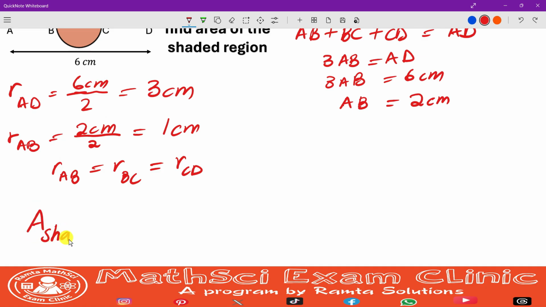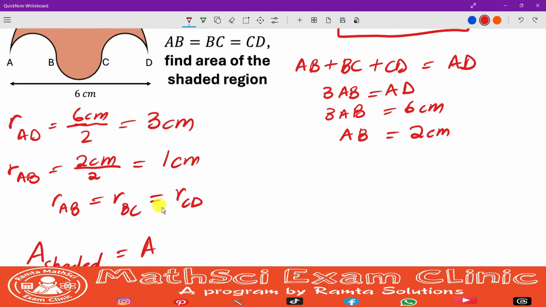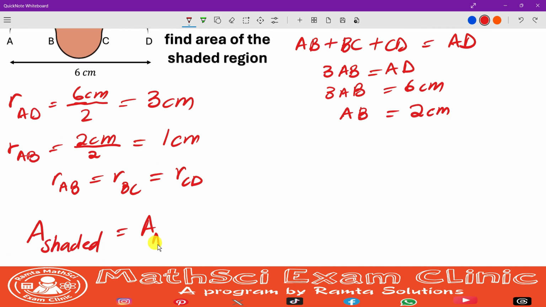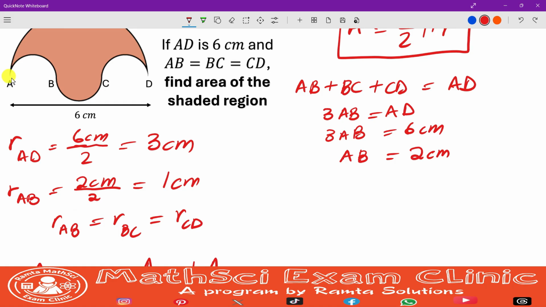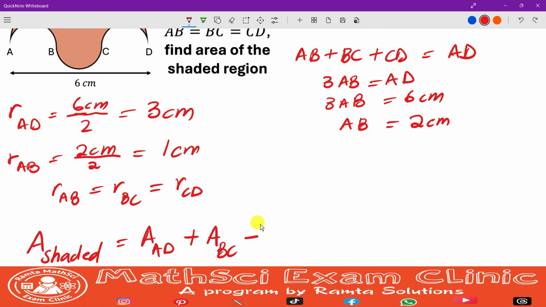So the area that is shaded will be the area of AD, plus the area of BC. In the shaded region we have subtracted AB, so we'll say minus the area of AB minus the area of CD.